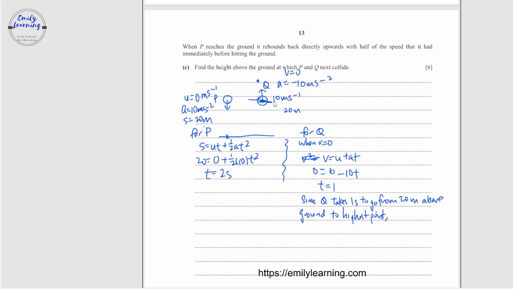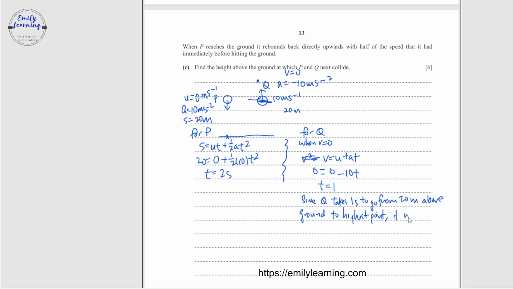Because going up is -10 meters per second square, coming down is 10 meters per second square. The magnitude of the acceleration is the same. So therefore, if it takes 1 second to go up, it will take 1 second to come down to the same distance.